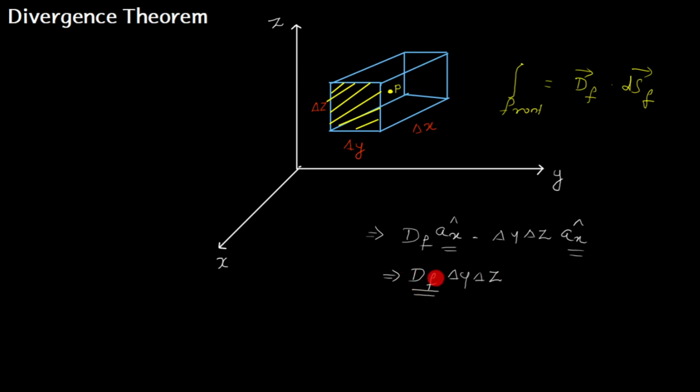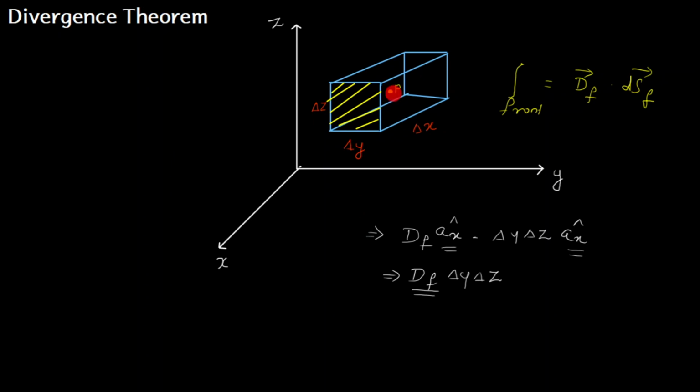If I can evaluate Df from this small volume with the help of geometry, again I can substitute here and find my integral over the front surface. That is the idea. Hope that is clear. Now how can I find this Df? This Df should be found from simple geometry, from the diagram which we have drawn here, and the explanation so far.